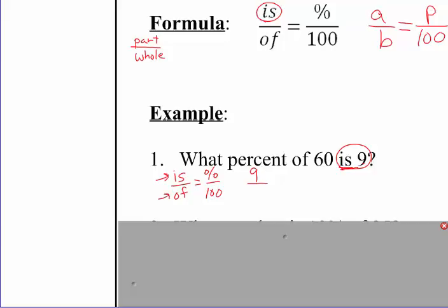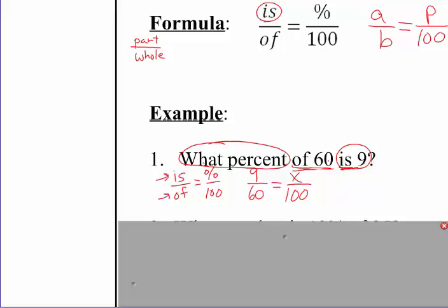Of, the of number. So of 60. So 60 goes on the bottom where the of goes, equals. Now the percent, that's what we're trying to find. What percent? So I don't know what it is, so I'm going to use an X, but it's always out of 100. So the 100 always goes on the bottom.